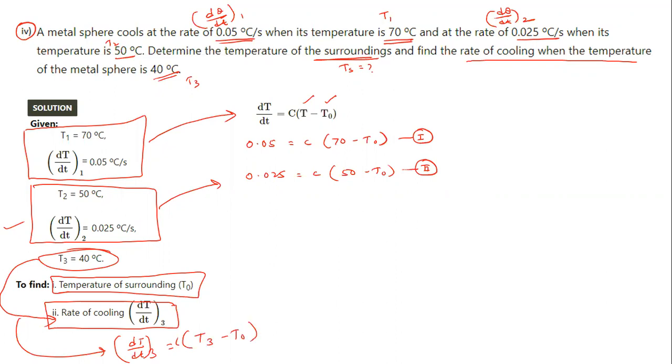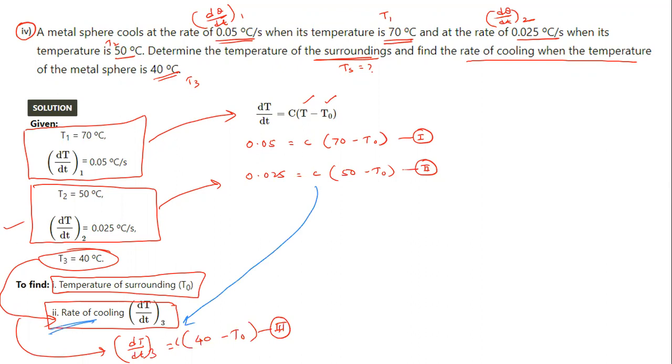This temperature 3 is 40. So 40 minus T0, equation number 3. Now by using equation 1 and 2, we find out C, and this C we have to substitute in this formula. If we substitute C, we get the rate of cooling.